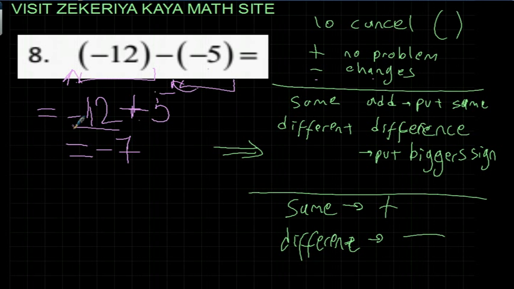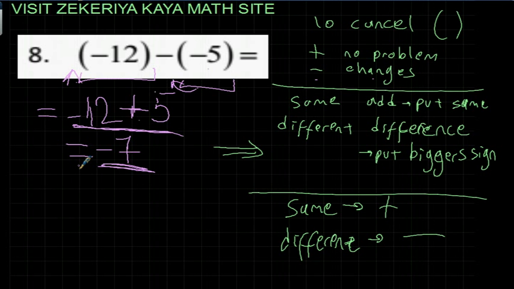So, 12 euro debt, that plus euro we have. So, completely, our account is 7 euro debt.